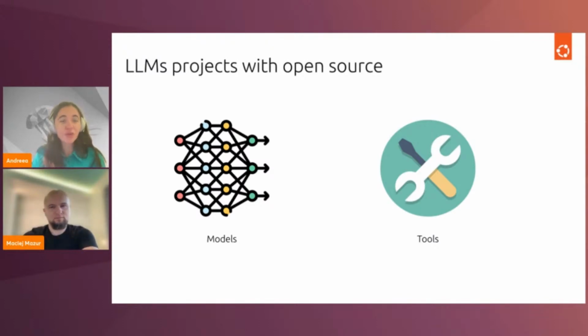I'm curious, Maciej, what do you think are the impacts of also open sourcing models? Because until now, most of the time you would have tools, but that's where it would stop. Well, I think the most important part around open sourcing the models is their environmental impact, because training a large language model of the size of what OpenAI is doing or what X is doing right now, or any other bigger company, means huge data centers, a lot of electricity being used, carbon emissions and that kind of stuff.